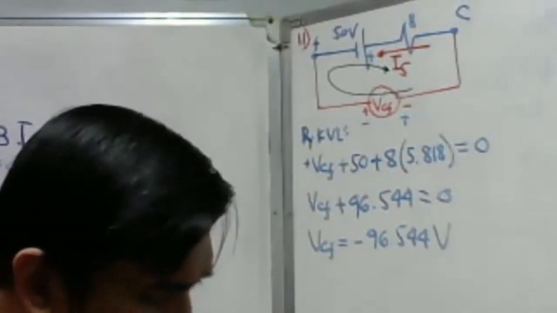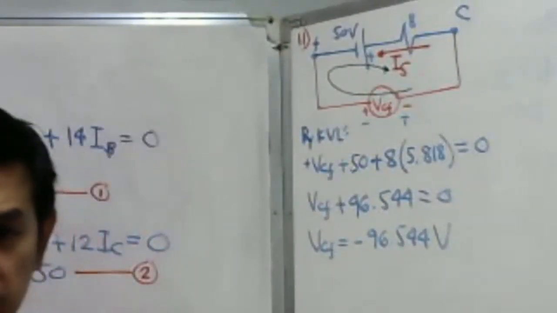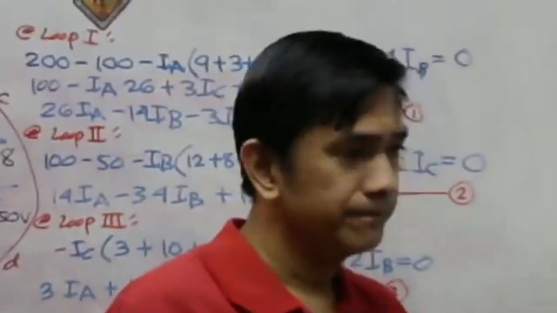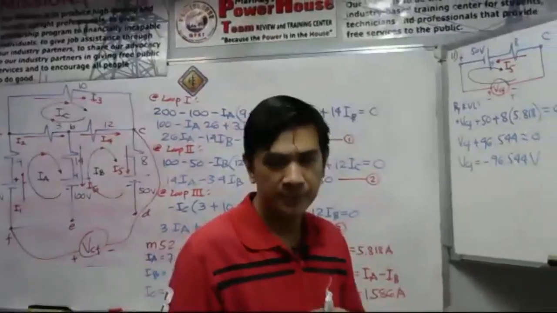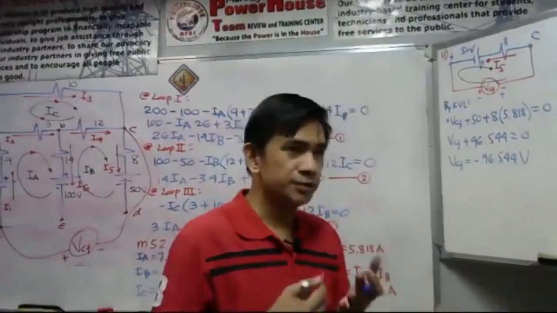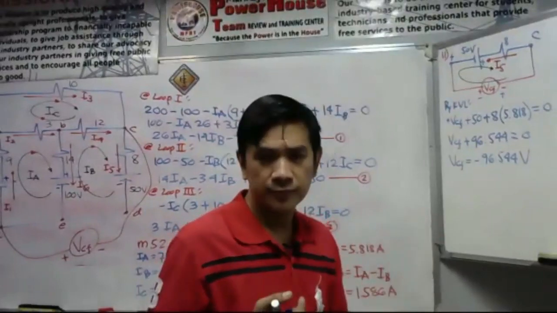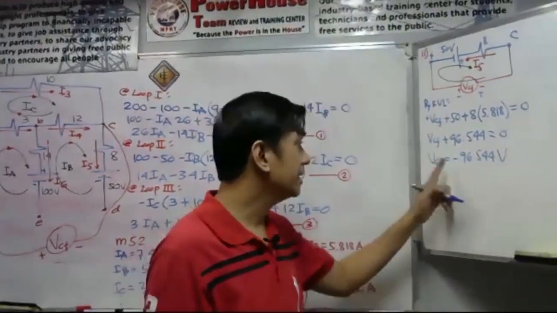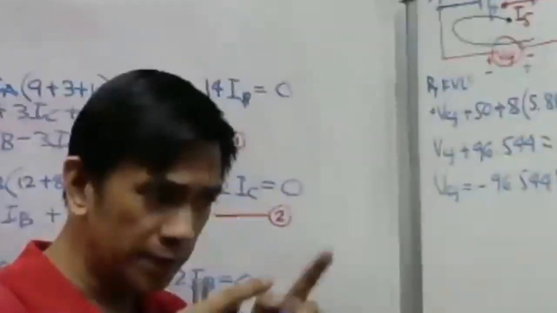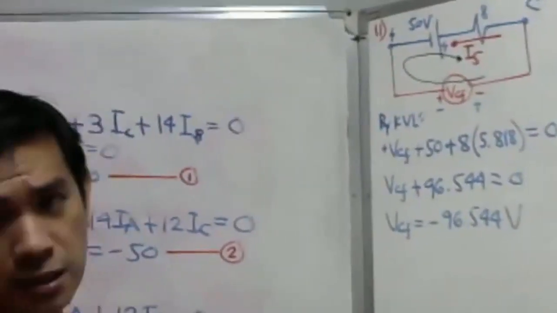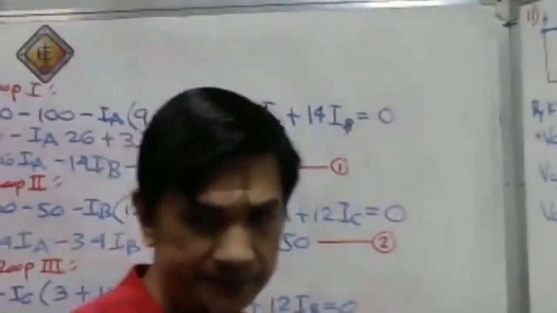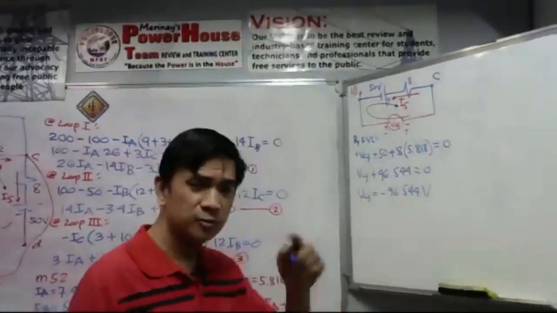That may be dangerous to your meter. That will damage the pointer of the meter if you are using an analog type multi-tester or voltmeter. If you are using a digital tester or voltmeter, it will indicate that it is negative. What you will do is just reverse the polarity of your meter. Replace the positive into negative, the negative into positive.